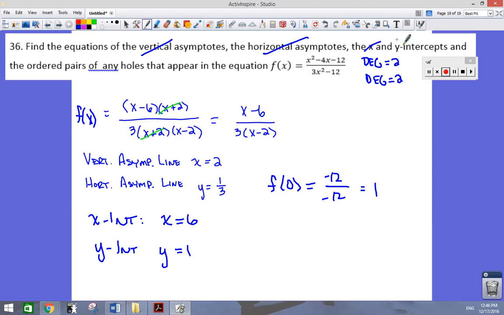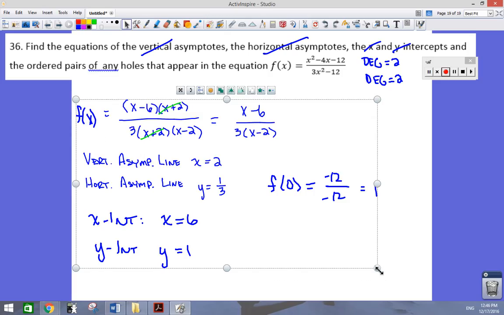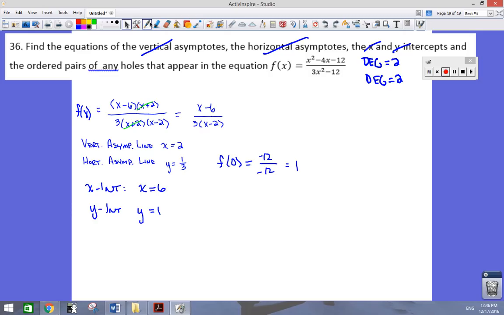So we found the x-intercept, we found the y-intercept. The last thing to do is to find the hole, because this graph does have a hole in it. So the hole has coordinates x and y. I know the x coordinate. Well, what canceled, x plus 2, that gives me a 0 here at x equals -2. And so since I didn't call -2 an x-intercept, hey, I'm fine.